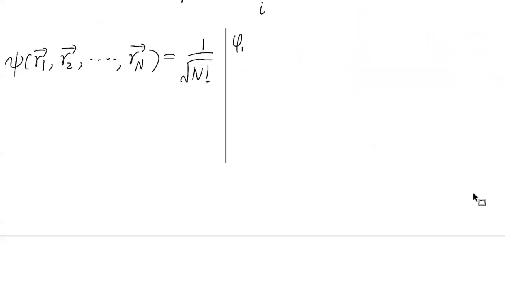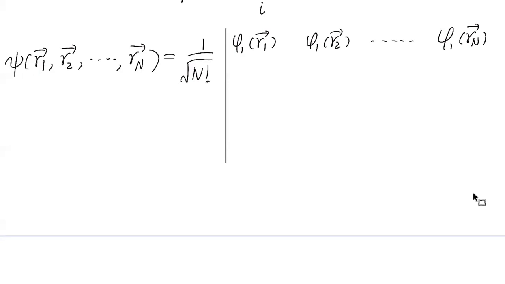So you have phi 1 R1, phi 1 R2, phi 1 Rn. So on the first row, your orbital is phi 1. And you can put 1, 2, 3, etc. as the variable for phi 1.